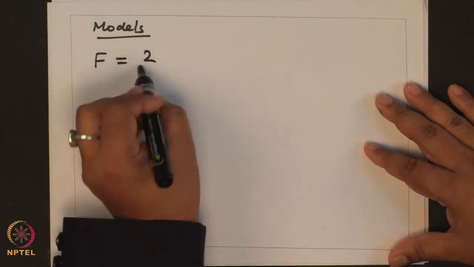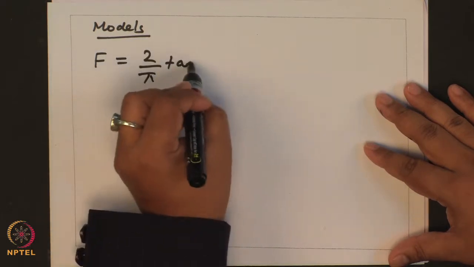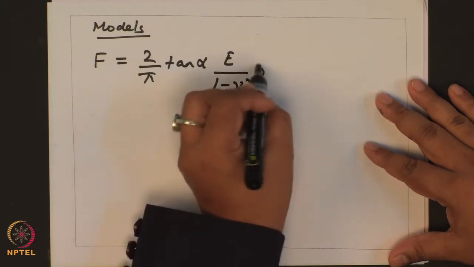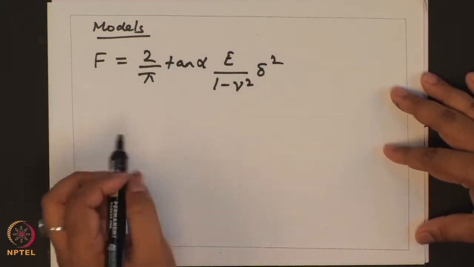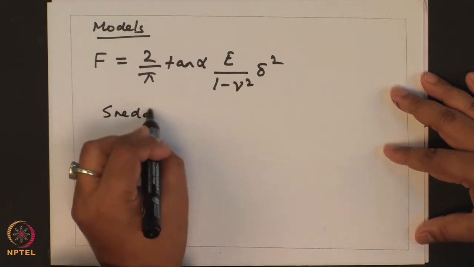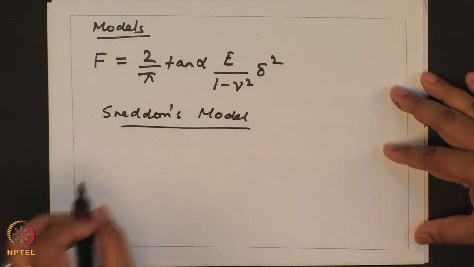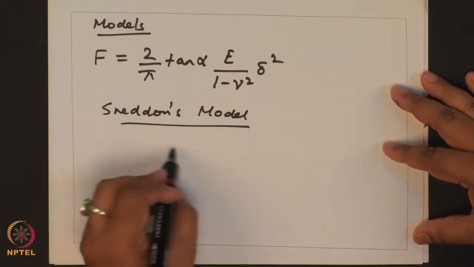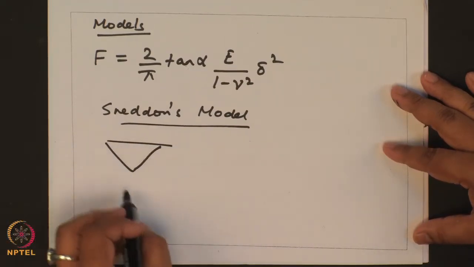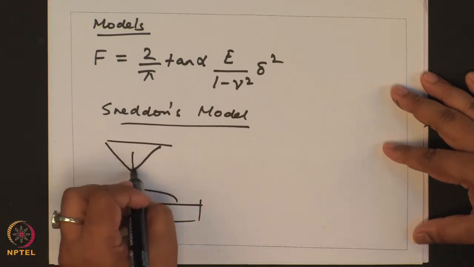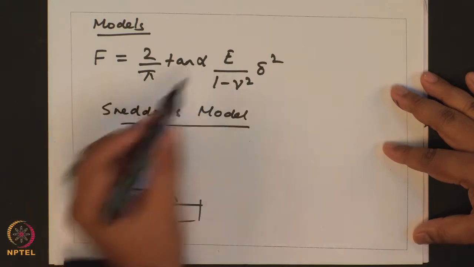Okay. For example, this is one model. So, this model is called a Sneddon's model. This is applicable when you have a conical tip which is indenting your sample. Okay. So, alpha is the tip half angle.